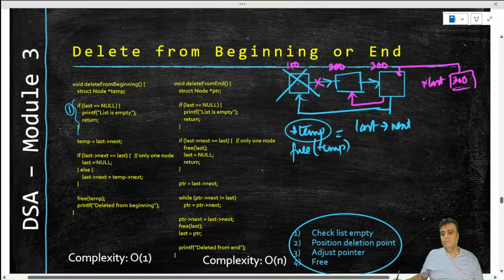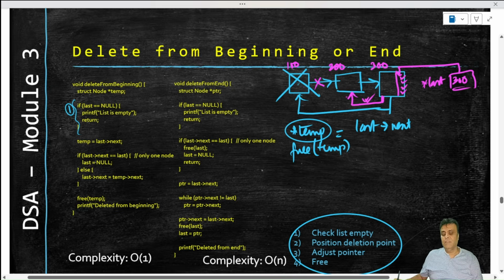So what we are saying now, that if my last element's next, so my last element's next is this, where is it pointing? It is pointing to the element we are trying to delete. Where should it point? It should point to the element which is temp arrow next or the head arrow next. So this is the line we are trying to build. So last next is this, right? Last next, that is here. Last next is this. Where should it go? It should go to the second element.